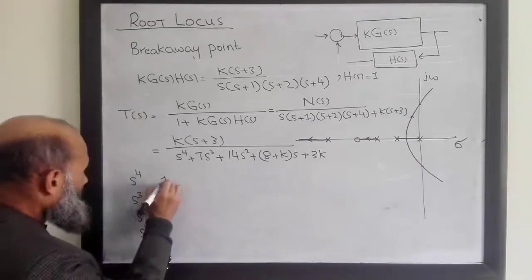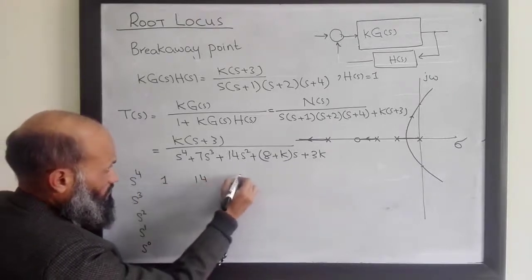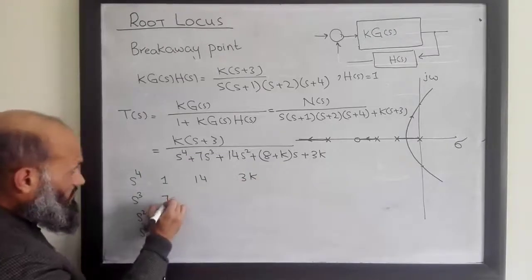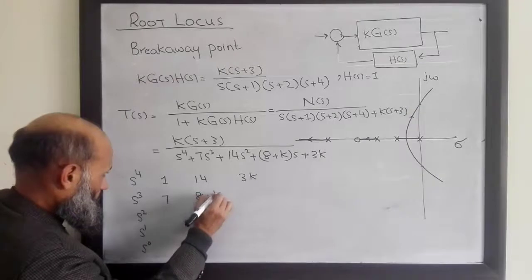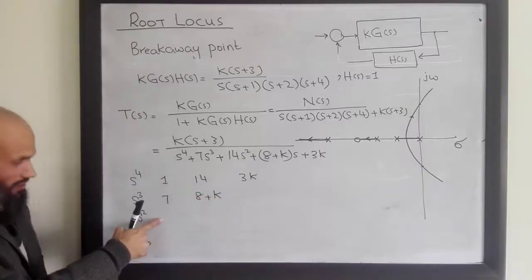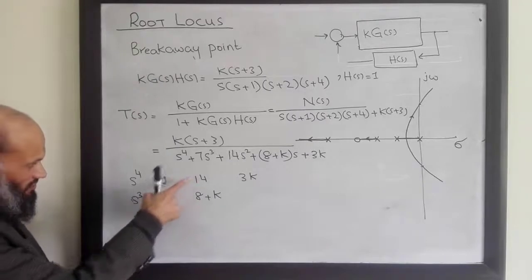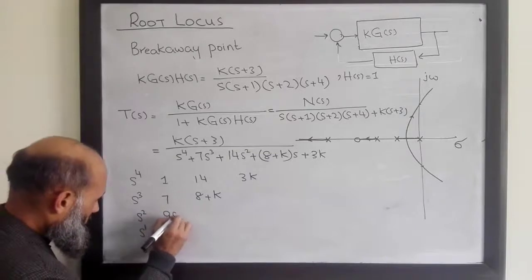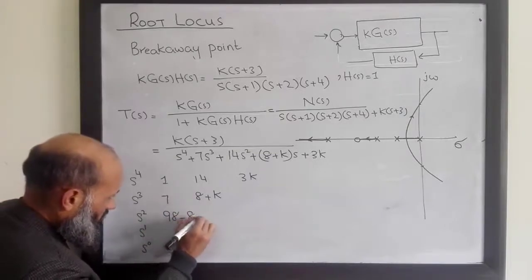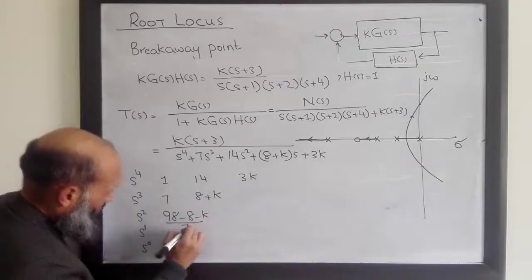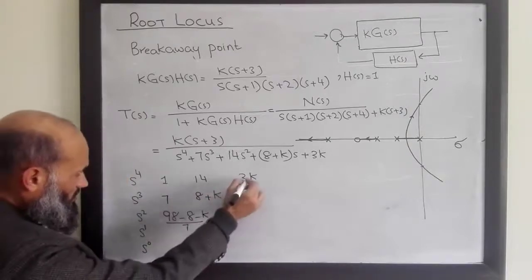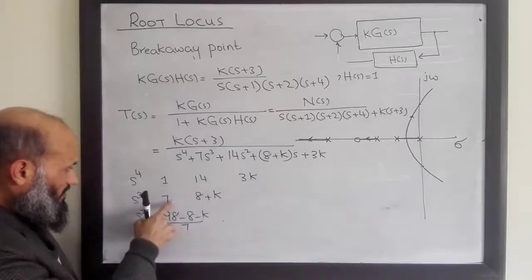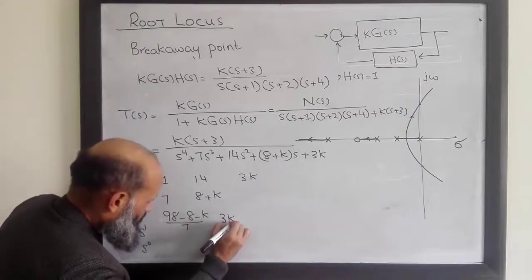Coefficients over here, 1, and the remaining coefficients. Here the entry over here is this multiplied by this minus this, divided by 7. So 98 minus (8 minus k) whole divided by 7. What is the entry over here? This is this multiplied by this minus 1 multiplied by 0, divided by 7, that is 3k.